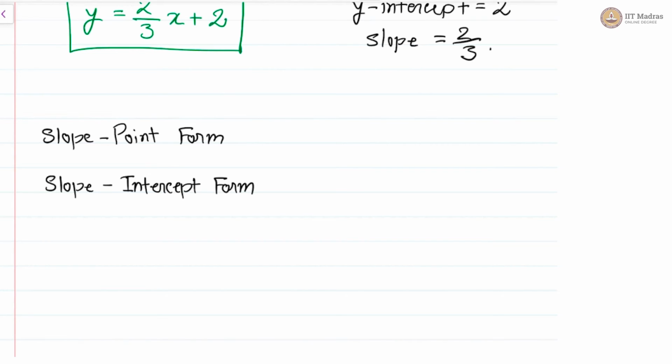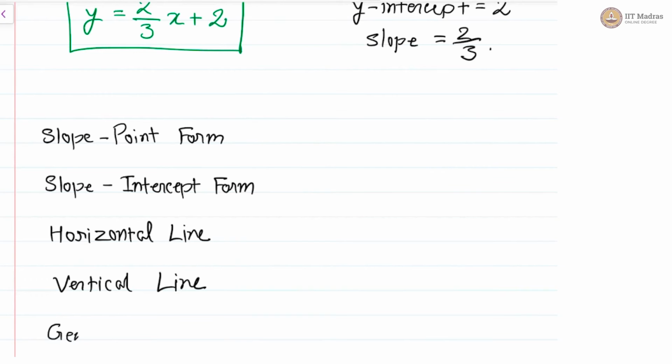Then we told you what is horizontal line. Then we told you what is vertical line. And then finally we have given you a general form of the equation of line, right? So let us enlist all these forms in terms of mathematical equations.